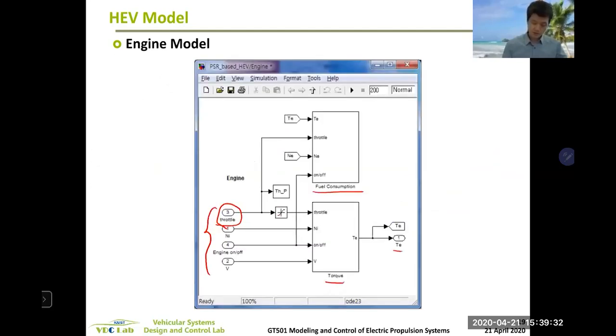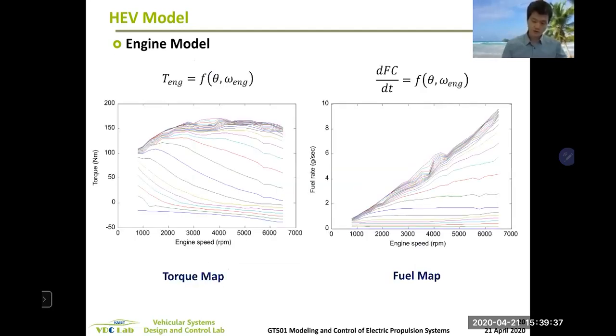Each block has these two maps. Okay, this is the torque map, this is the fuel map.